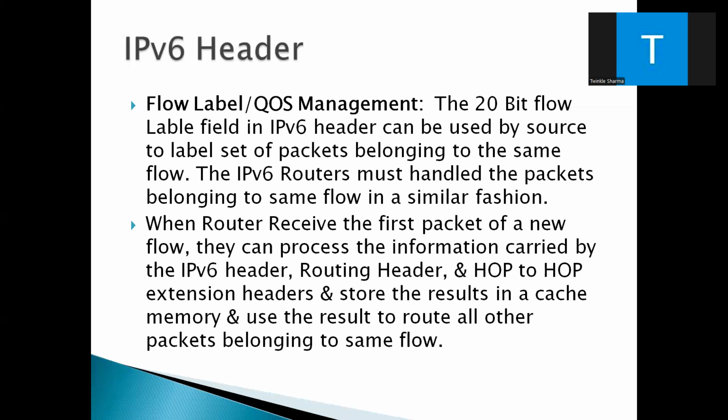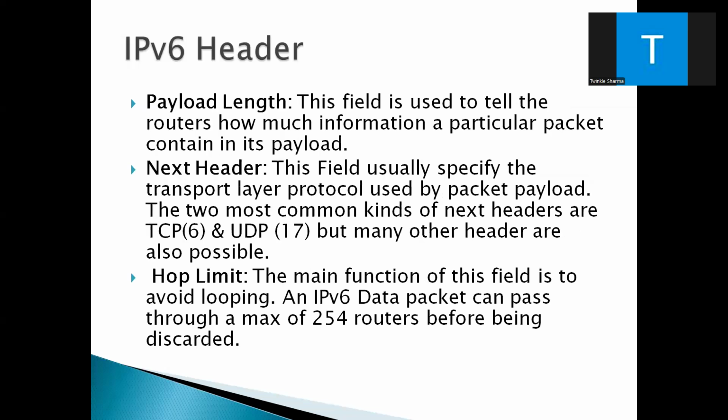Then we have payload length. This field is used to tell the routers how much information a particular packet contains in its payload. Then we have next header. This field usually specifies the transport layer protocol used by the packet payload.